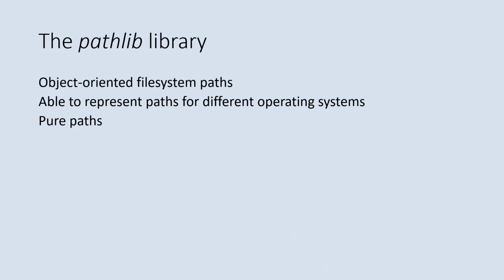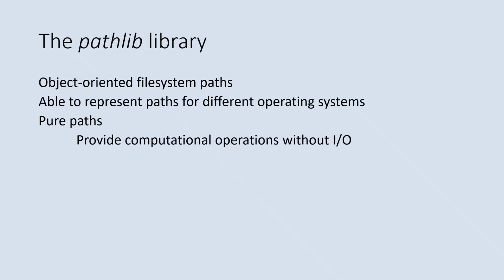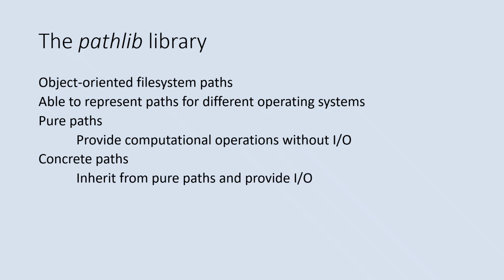Now, in this object-oriented approach, there are pure paths, which provide computational operations without the input-output aspect. And then there are concrete paths. And concrete paths inherit from the pure path idea and provide the input-output functionality.